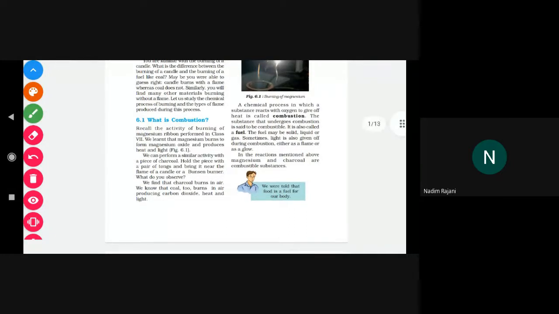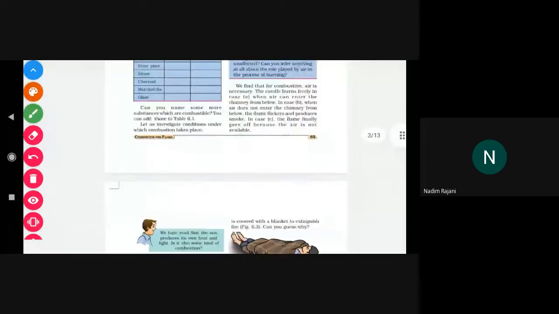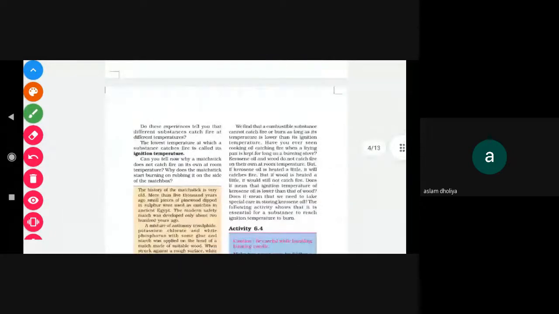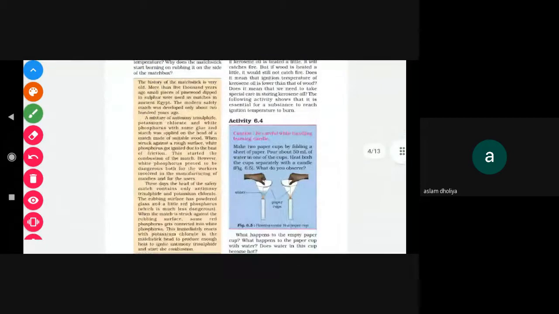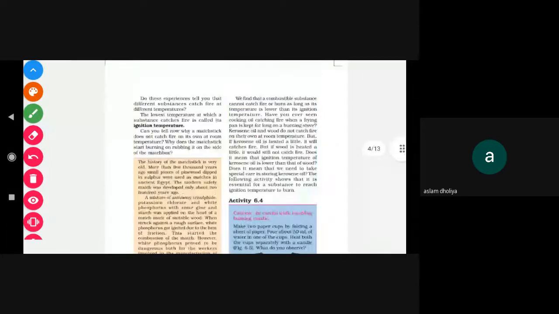Definition of combustion, ignition temperature. In your rough book.